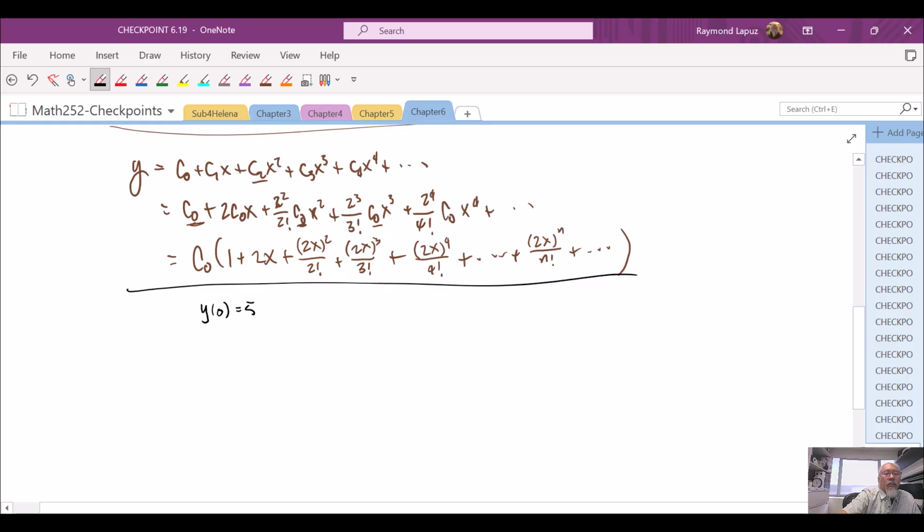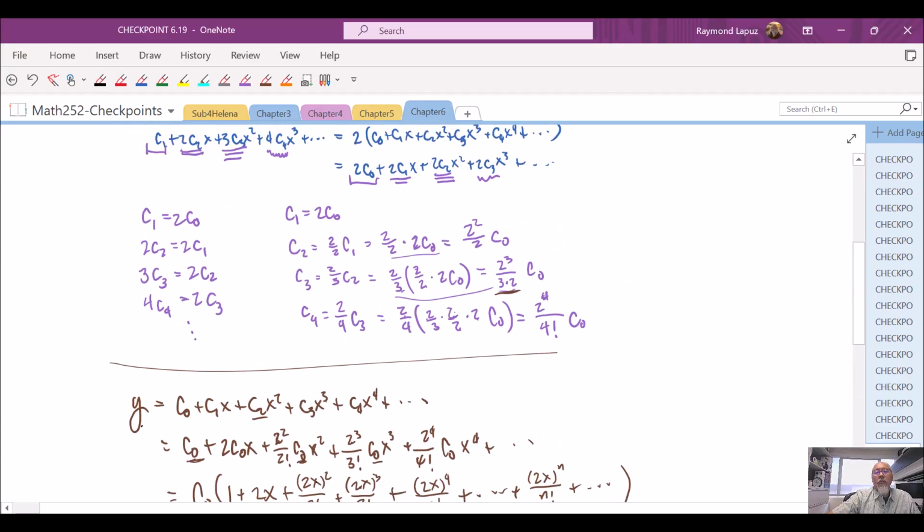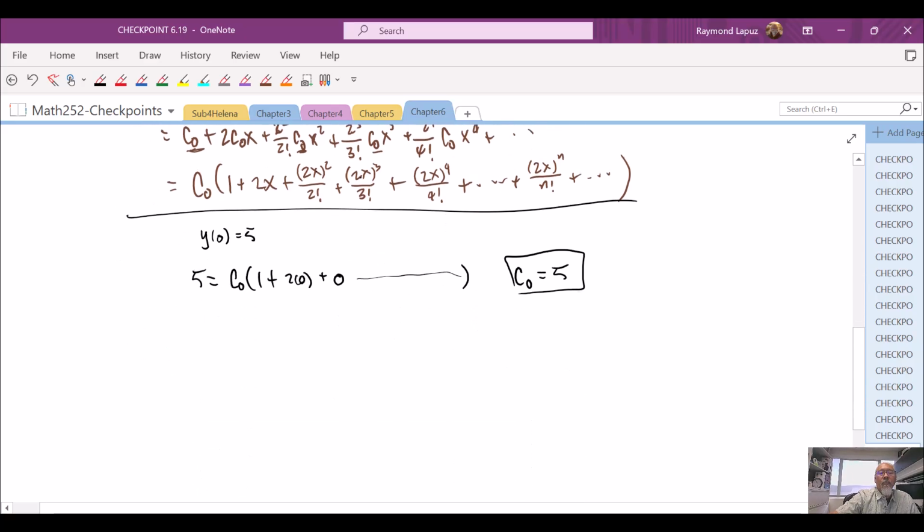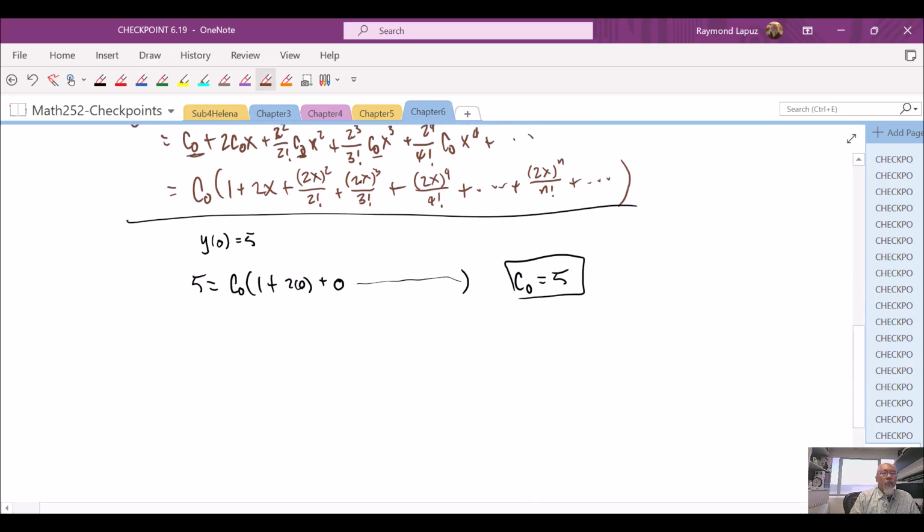We're going to put 5 in for y and 0 in for x. So this is C sub 0 times 1 plus 2 times 0, and everything else has an x in there, so everything else will have zeros all the way through. All that stuff disappears, and it looks like your C sub 0 is just going to equal 5. And that is your unknown constant. Had we solved for that up here in the beginning, we would have gotten A is equal to 5 as well.